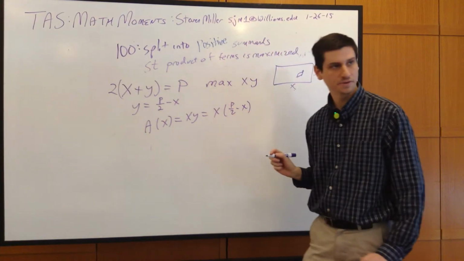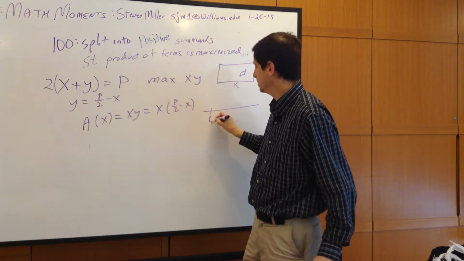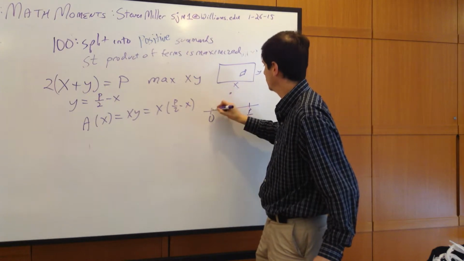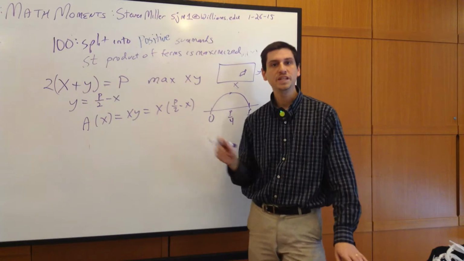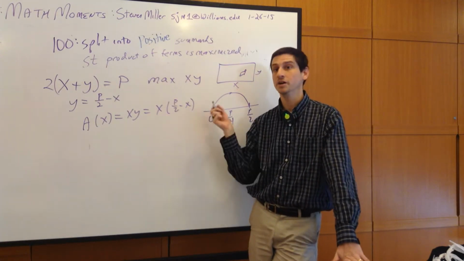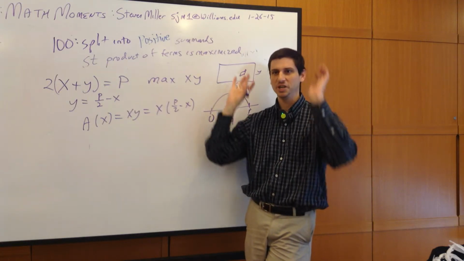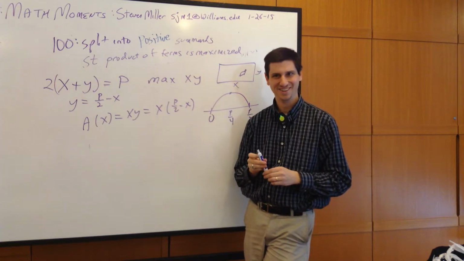This is just a parabola. Where's the parabola zero? When x equals 0 and when x equals p halves. The maximum is the midpoint, at p over 4. So you don't even need calculus for this. That's how our 8th grade book introduced parabolas. I prefer to fire cannonballs at the bad guys, but Farmer Brown is perfectly fine.